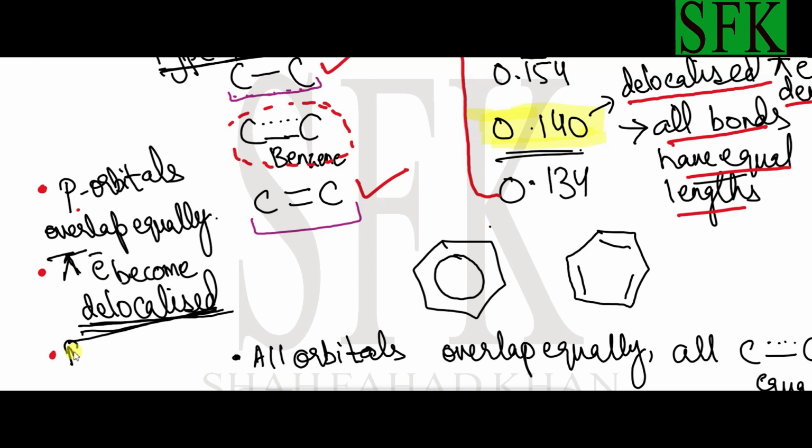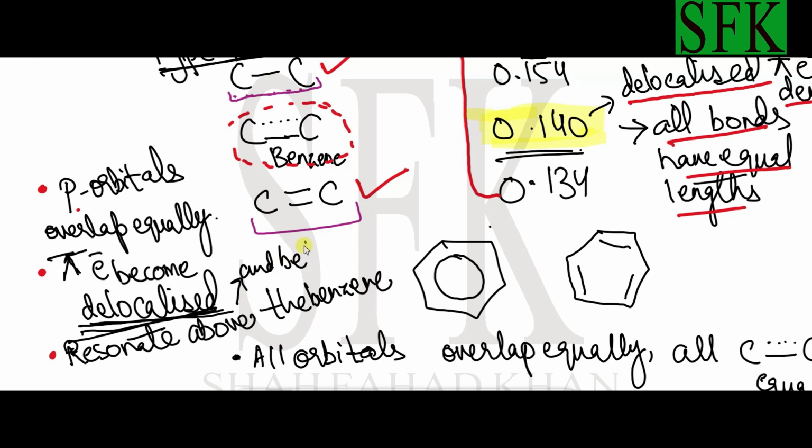and they resonate. Well, the third point, it's better to write it if the question is for 3 marks, but if it's just a 2 mark question, the first 2 points are enough. The pi electrons resonate above and below the benzene ring, making all the carbon-carbon bond lengths equal.